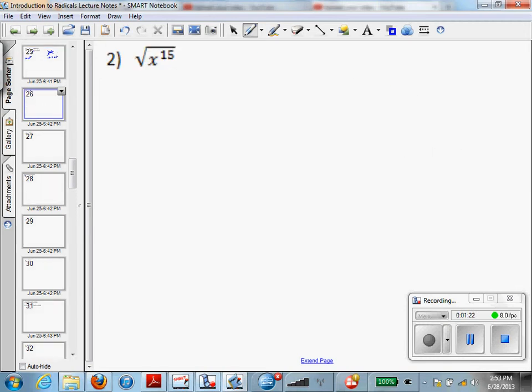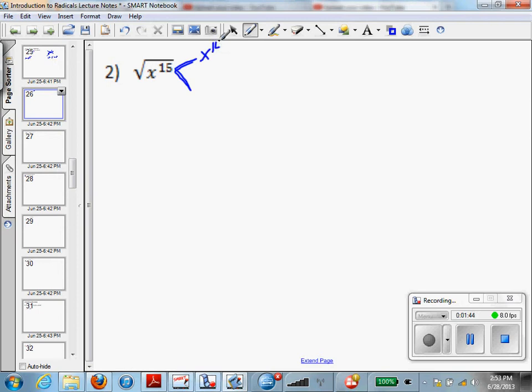Looking at number 2, we have x times the square root of x to the 15th power. Now, an easy rule to work with these would be, if the power is odd, simply break it to the number right below it, because it would be even.